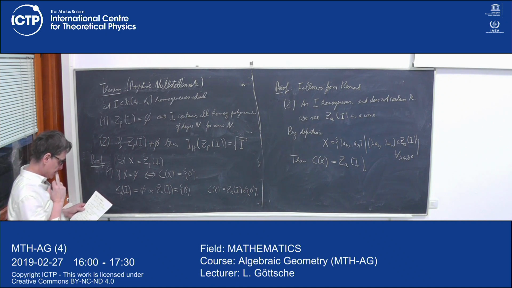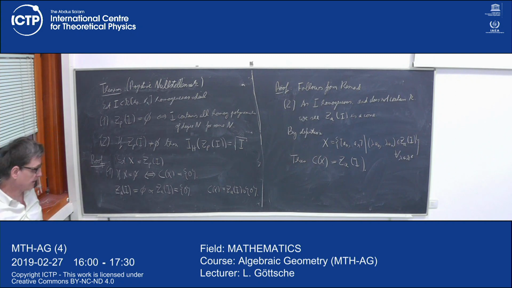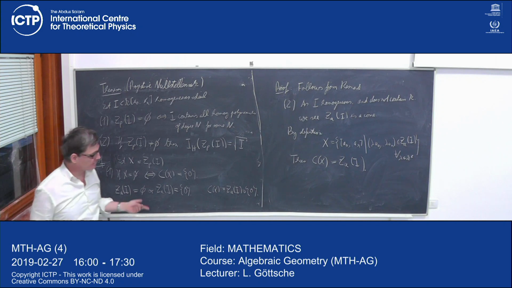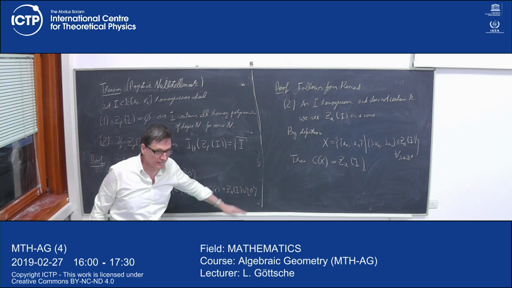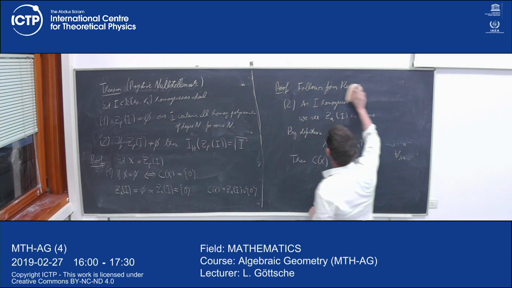Okay, once we have this, we can now apply the Nullstellensatz in the affine space to this. But we have proved that the cone of X is the affine zero set of I, right? No, this was under the assumption that X is not empty. And if you look at what we are doing, what is actually true is this, because we are using that as a cone.